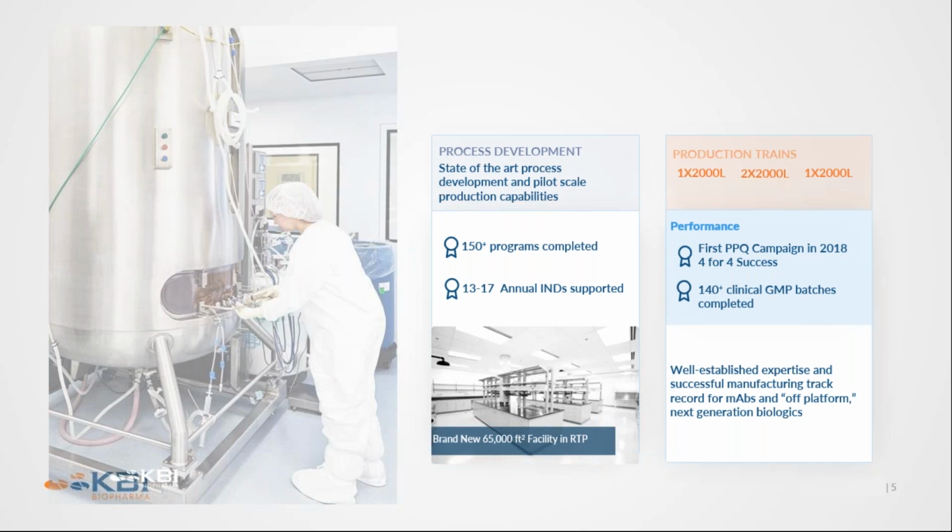On average, KBI helps file around 13 to 17 INDs annually. And we have also had our first successful PPQ campaign recently in preparation of commercialization. So we have a very wide portfolio and expertise not only in the conventional MABs manufacturing, but also in the so-called difficult molecules.